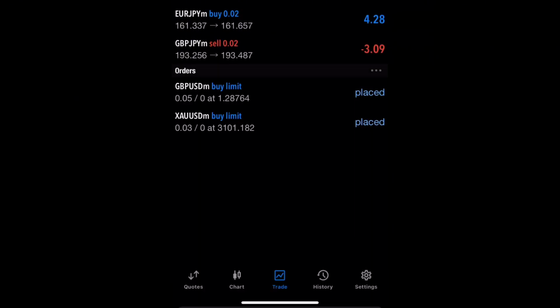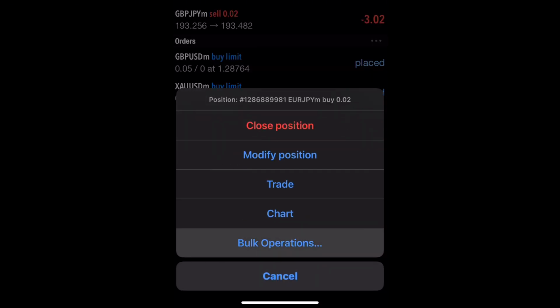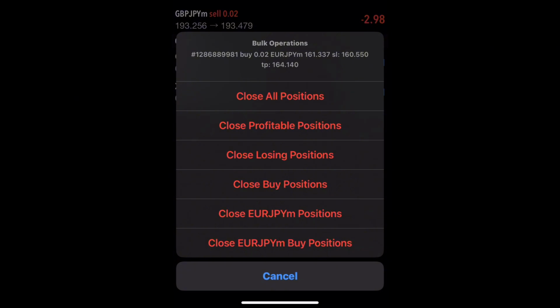And you can see when I tap it, you see the block operation. So close all position, close profitable position, close losing position, close buy positions, close EURJPY position, buy.